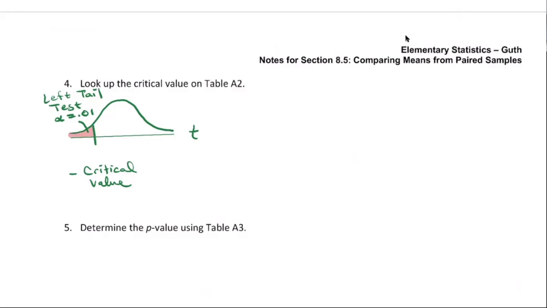We have to look up the critical value, and this will tell us what's required for statistical significance. So on table A2, it's a one-tail test, so you have to find a 0.01 alpha, but make sure it's the one-tail heading.